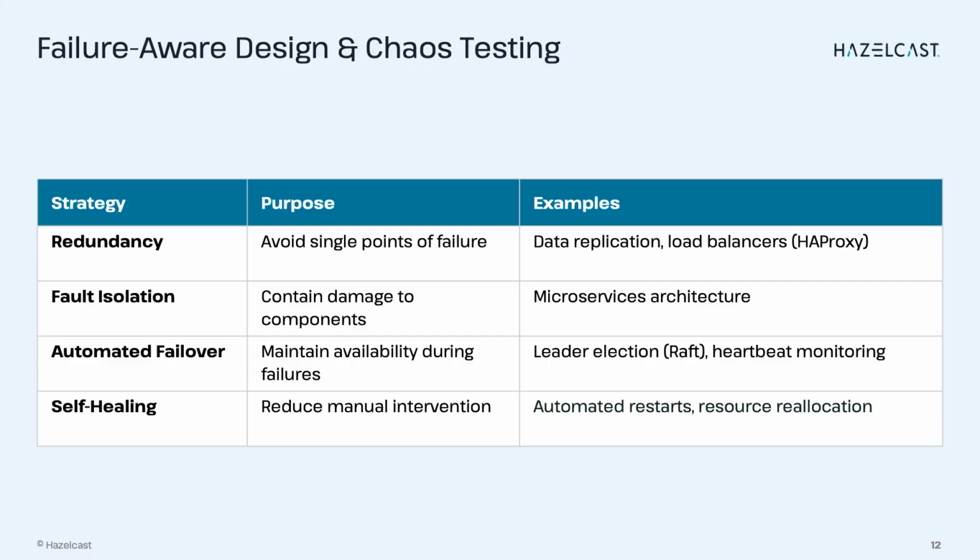So a couple of strategies: redundancy, fault isolation, containing the damage to a component. If I know a particular node is out of the cluster, I know what subset of data might be missing, and I can recover that. Automated failover: maintaining availability during failure.